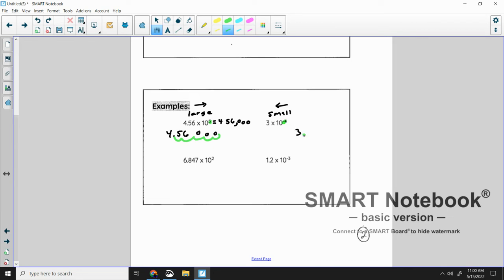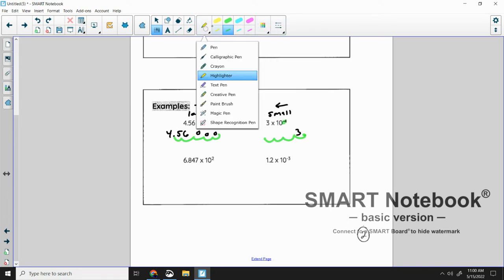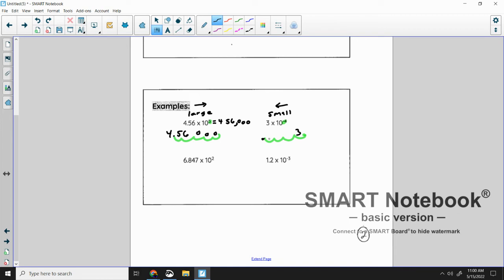So I'm going to move the decimal 1, 2, 3, 4 places to the left to make it a smaller number. So my decimal lands here, and I'm going to fill in the empty places with zeros. So 3 times 10 to the -4th is 3 10,000ths. So it's a very, very small decimal.